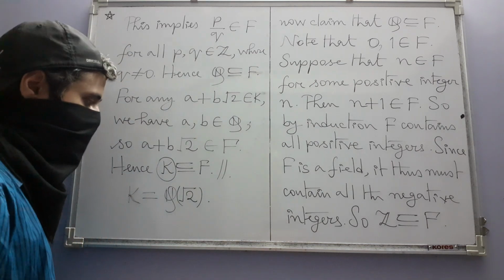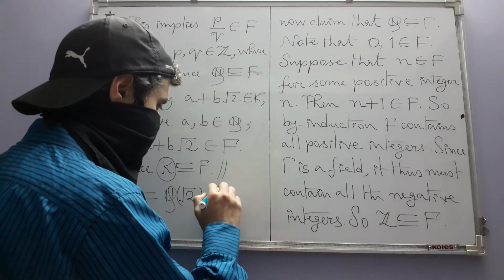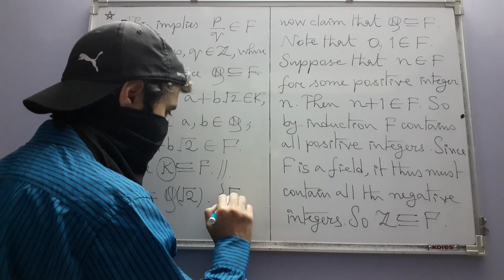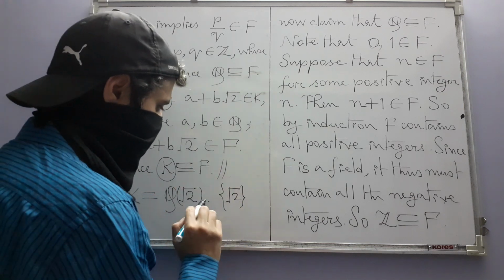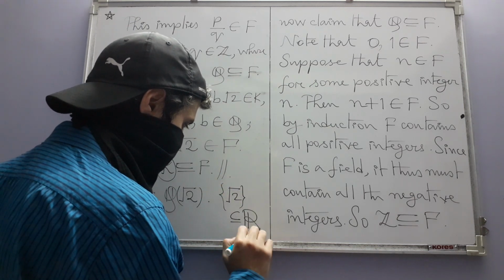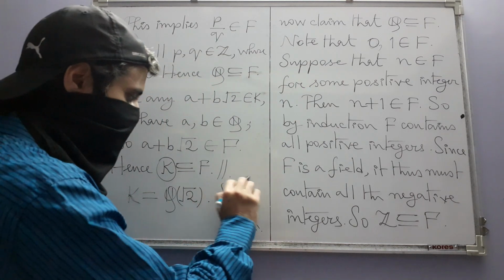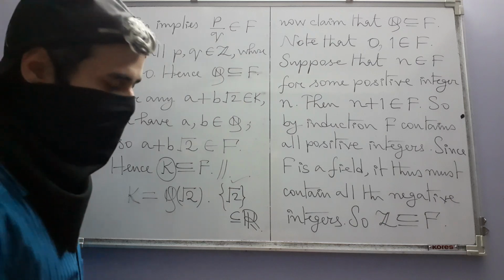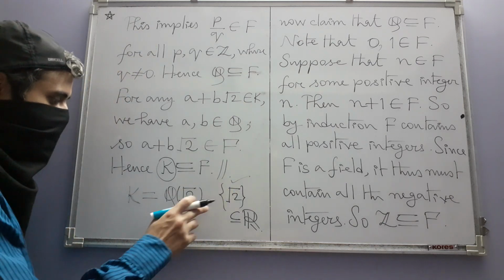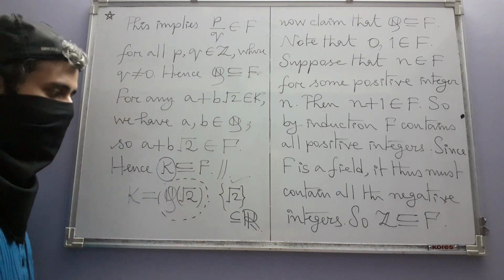You can of course just think of the set containing root 2, which is a subset of R. This is the smallest subset of R, the field of real numbers containing root 2. But this is not a field, it's not anything. In order for this to be a field, you need at least this much.